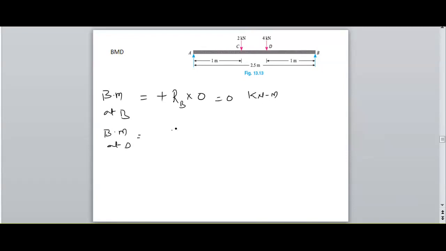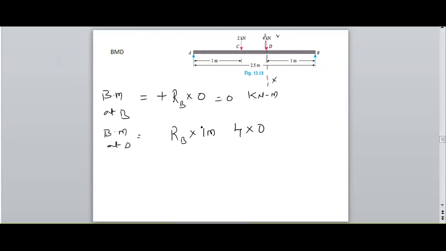So RB into distance. This is the section at D. The two forces available are RB and 4. The distance from RB to D is 1 meter, and the perpendicular distance of the 4 is 0.